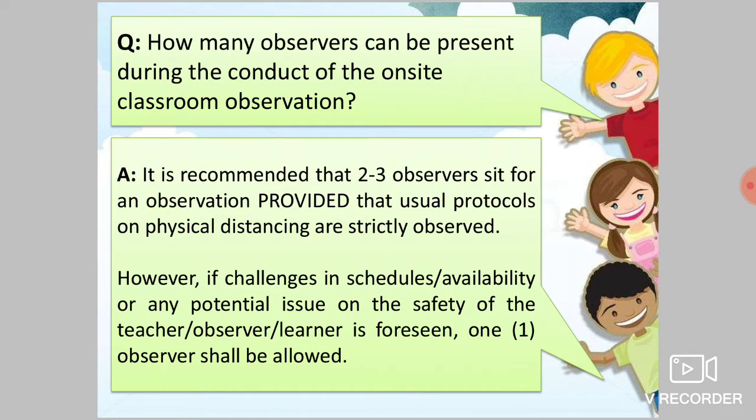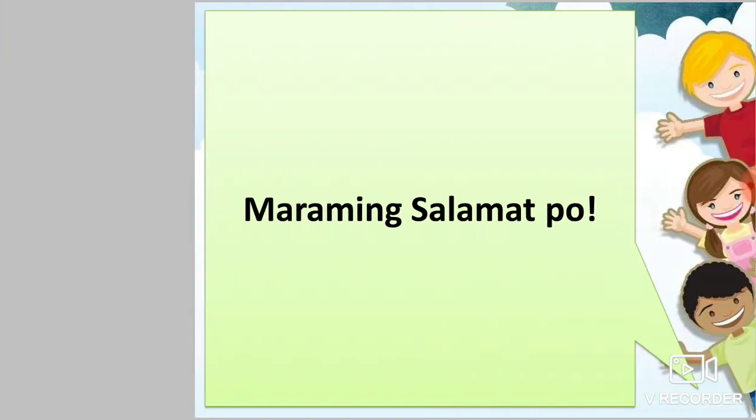How many observers can be present during the on-site classroom observation? It is recommended that 2 to 3 observers sit for the observation provided that usual protocols on physical distancing are strictly observed. However, if challenges in schedule, availability, or any potential issues on the safety of the teacher, observer, or learner are foreseen, one observer shall be allowed.